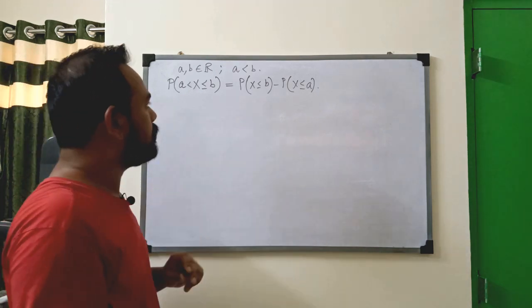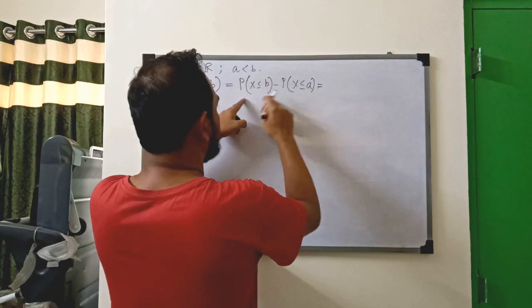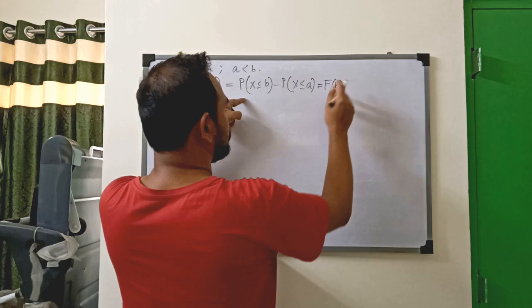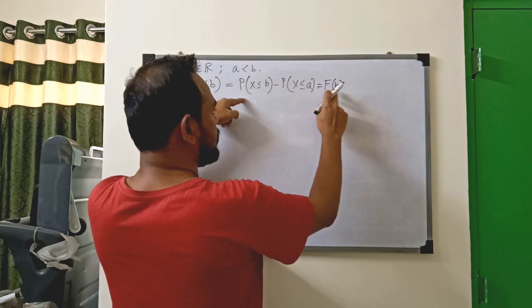And why is this useful? Because this really is the CDF at B. You see, that's the definition. What's the CDF at B?